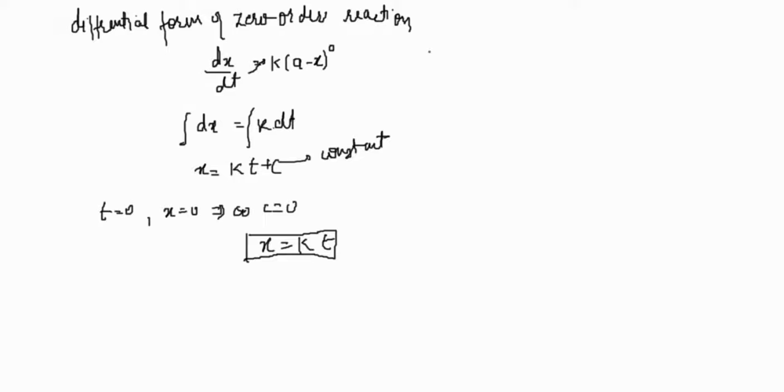Now if we see the curve between dx by dt versus a minus x, we know dx by dt doesn't change with time, because the power of a minus x is 0. So it will be a straight line parallel to the x axis.